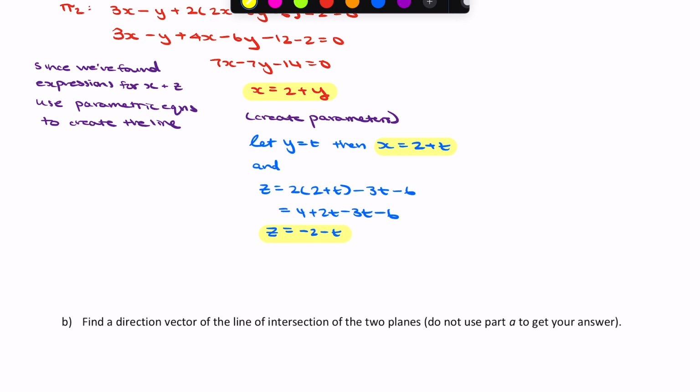And so that gives us our x, y, and z equations. Therefore, x is equal to 2 plus t, y is equal to t, and z is equal to negative 2 minus t. Here, t is an element of real numbers.